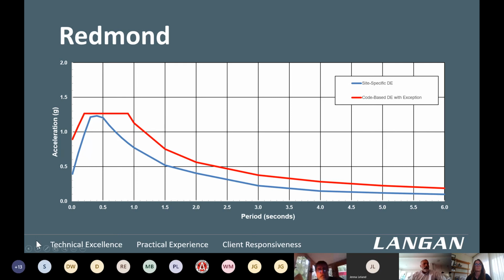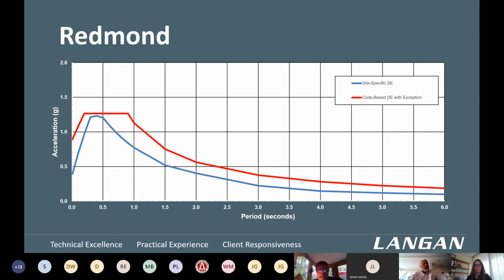And as you can see, there is for sure value for this site to do site-specific, because if you have a period of 1.5 seconds for your structure, you have to design it for an acceleration value of almost 3/4 G versus a value of 0.5.